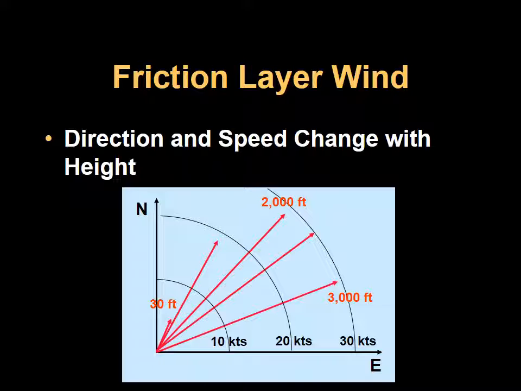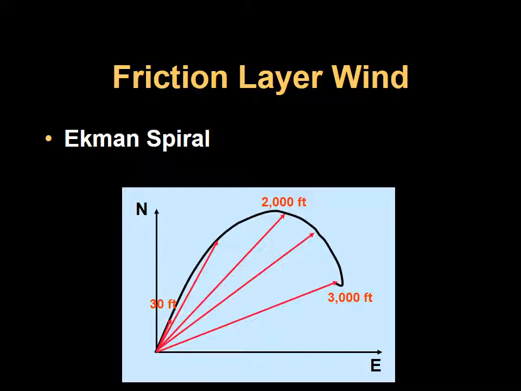They start out near the surface, about 30 feet above the ground. They're out of the south. Then they start switching around to the southwest, and finally they're out of the west-southwest at 3,000 feet, and they're stronger. So if you connect all of the points on this, all the wind vector heads, you'll get something that looks like this. And you can see that the winds kind of spiral as they go up through the atmosphere.